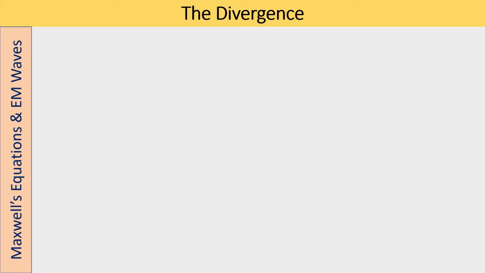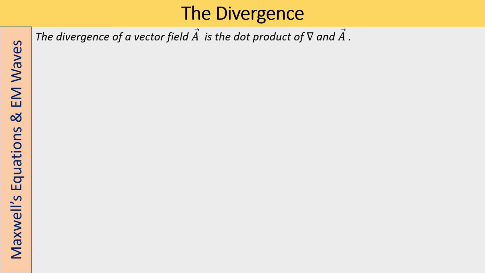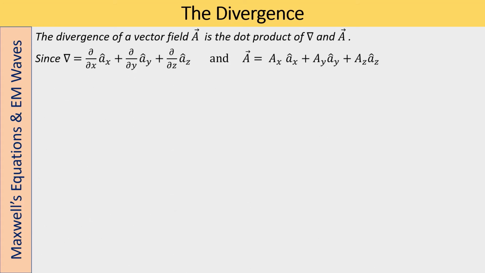The divergence. The divergence of a vector field A is the dot product of del and A. We know that del is equal to del by del x of ax hat plus del by del y of ay hat plus del by del z of az hat, and A is equal to Ax into ax hat plus Ay into ay hat plus Az into az hat.